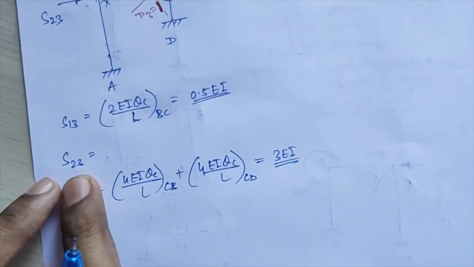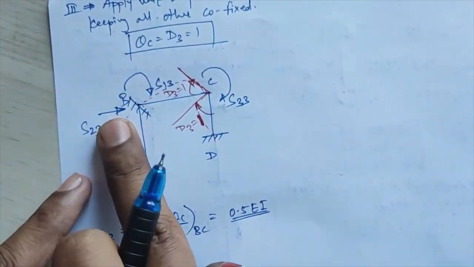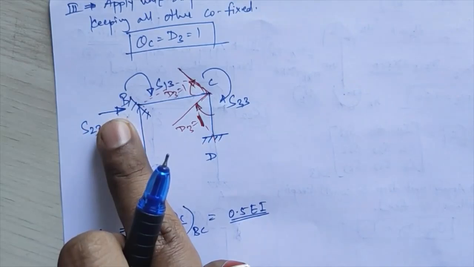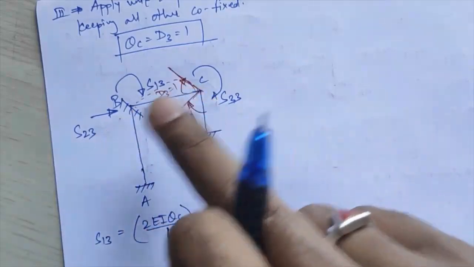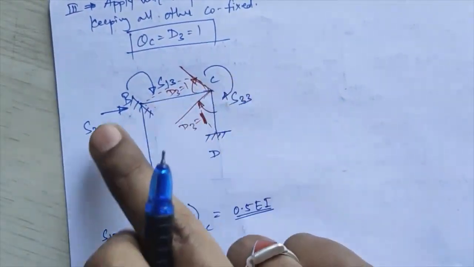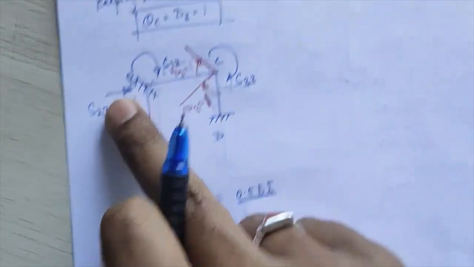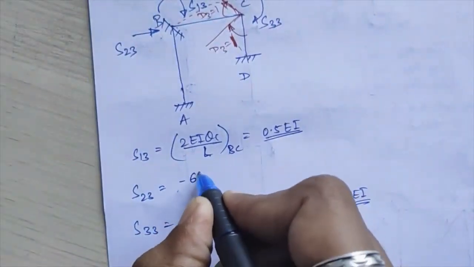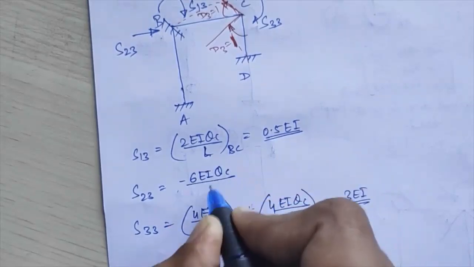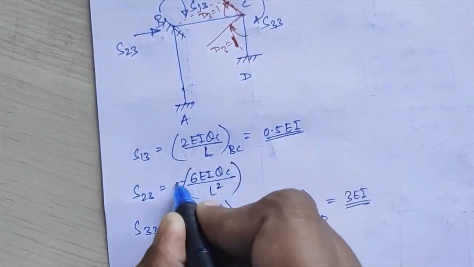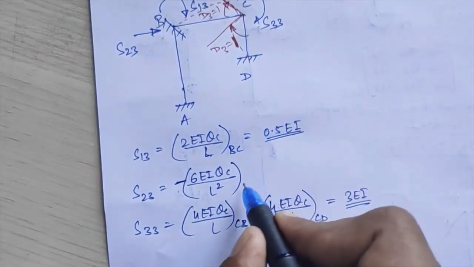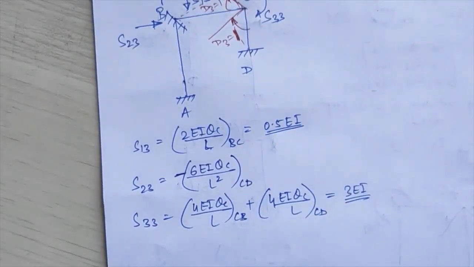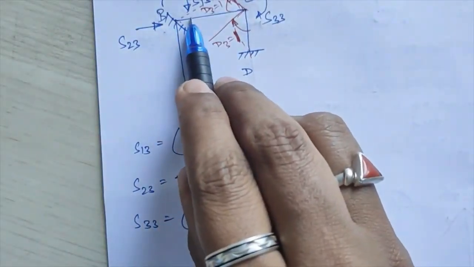Now I'll calculate S of 3, 2. S of 3, 2 is again the horizontal force. So which note will you use? Again note number 3. If you are applying theta is equal to 1 and calculating force as your stiffness coefficient, then this value comes equal to 6 EI theta C upon L square, and that will be for member CD, because joint B will not be getting deflected.